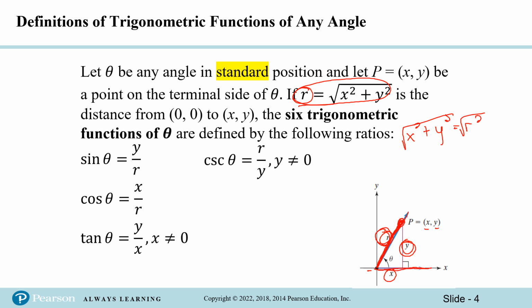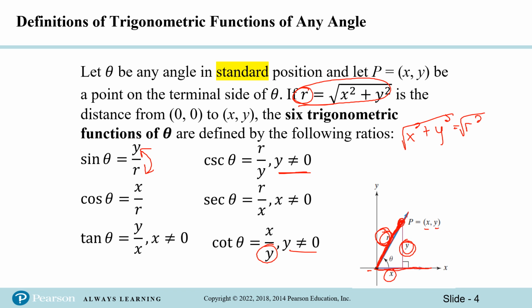The cosecant is the reciprocal of the sine, so we take these two and reverse them: r over y, and again, we have to make sure that our y value is not 0. And the secant and the cotangent, again, making sure that whatever variable is in the denominator is not equal to 0.